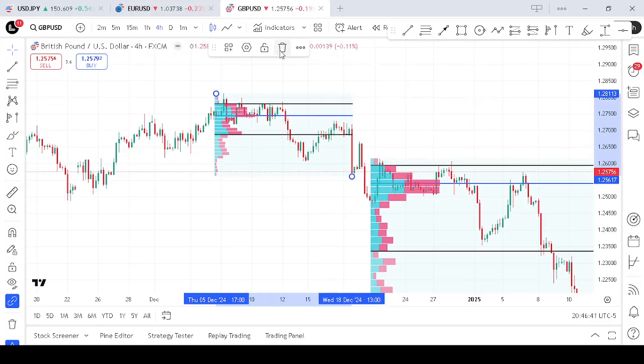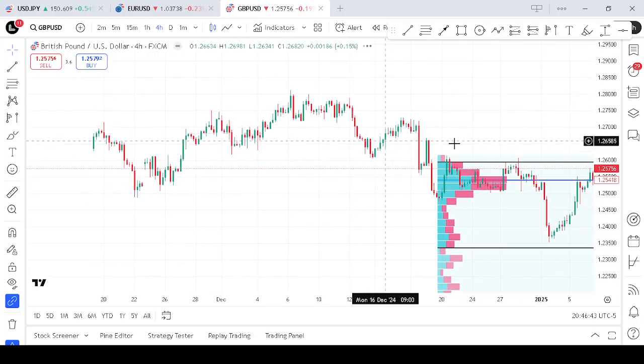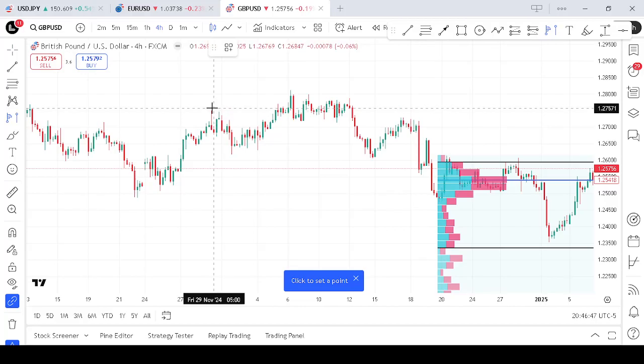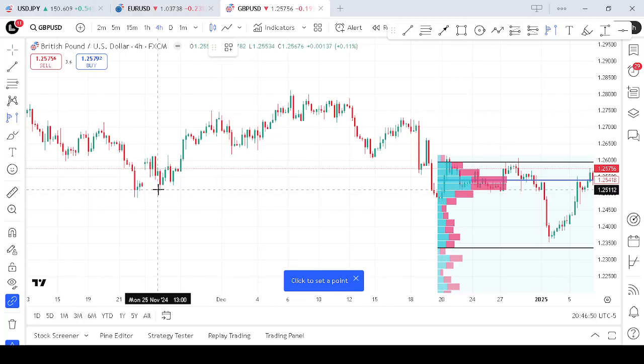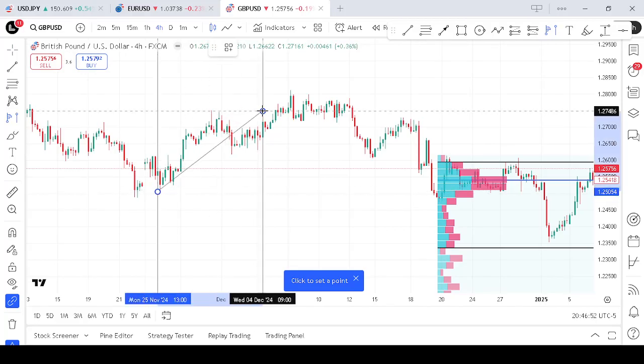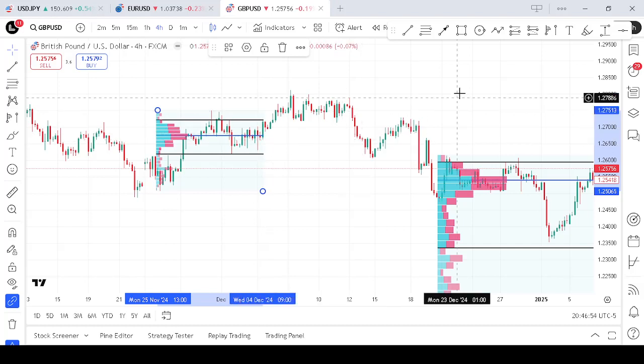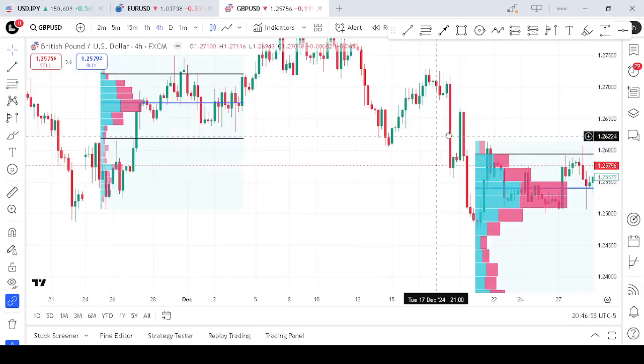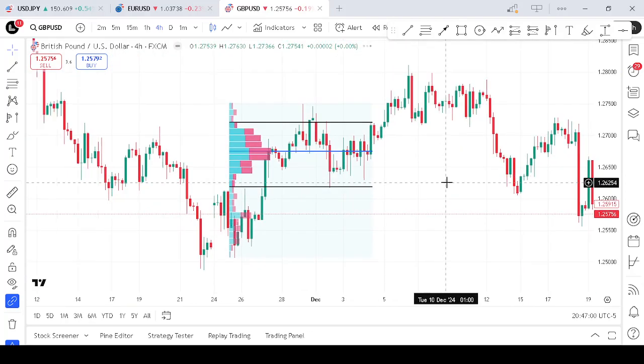This is not that much of a good example. Let's look for a better example, drawing it from the low to the high. Okay, this is a perfect example in a bullish scenario.